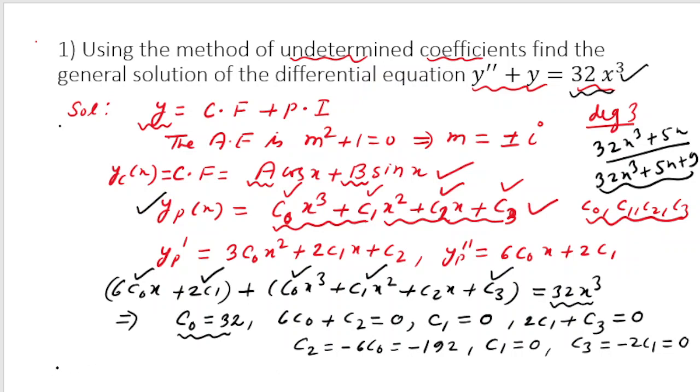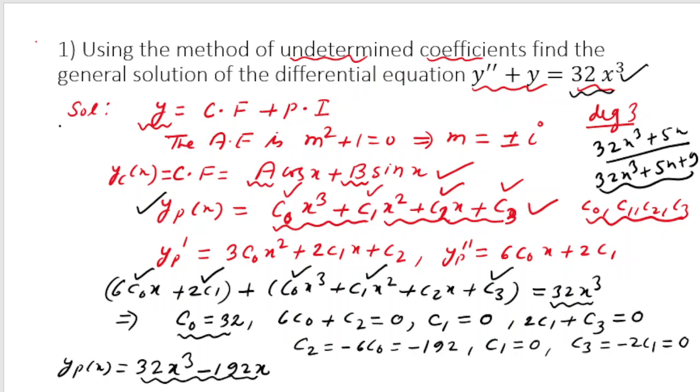The particular integral yp is, with C0 as 32, 32x cube. C1 is equal to 0, so there is no x squared term. C2 is equal to minus 192, so I will get minus 192x, and C3 is equal to 0, so there is no constant term. So this is what we have got. This is the particular integral.